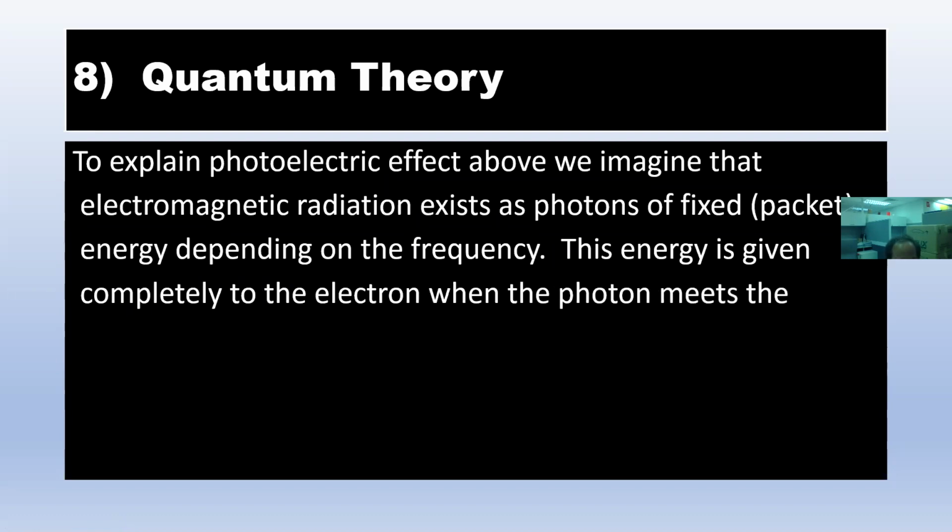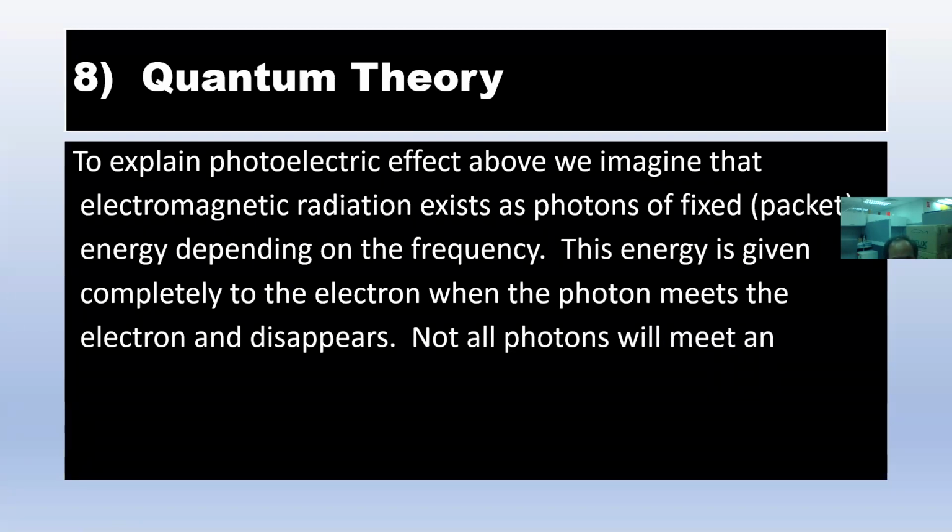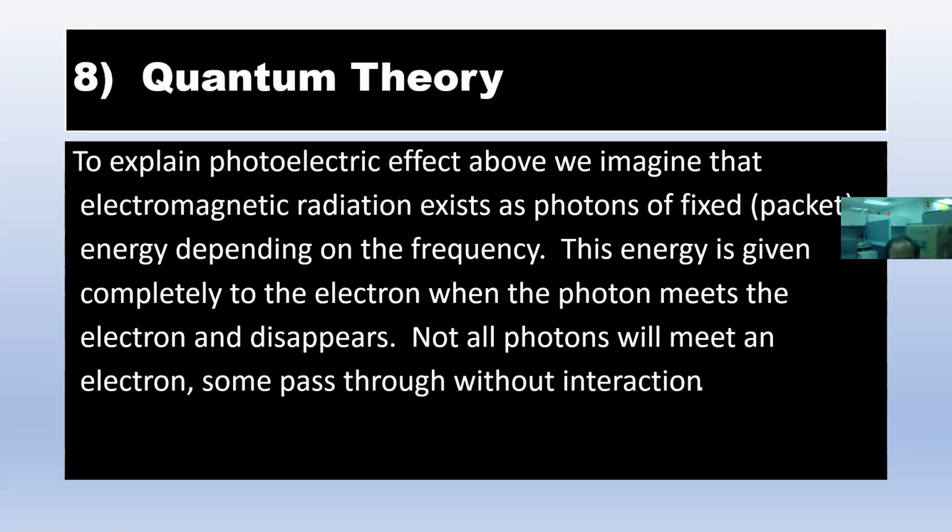The packet of water disappears, only the plastic bag left. Same idea. When the photon meets the electron, if there is enough energy, it is given to the electron and the photon disappears. Then the electron escapes. But remember, photon and electron are both small, so some photons may not meet an electron and just pass through. We think of it as a small, tiny wave, a packet of energy.